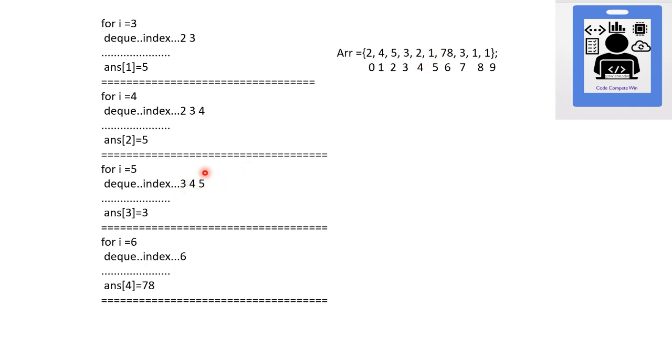Again, index 4 value is 2, so we pop out this element. And again the value at index 3 is 3, so we pop out this element. And now our deque contains only one element, that is 6, so we store the answer 4 equal to 78.